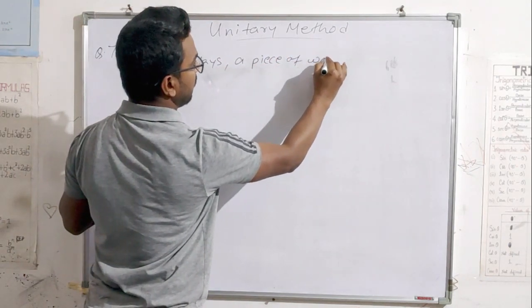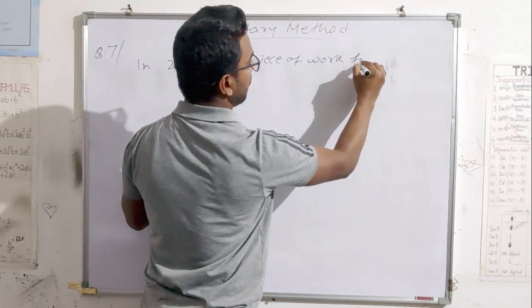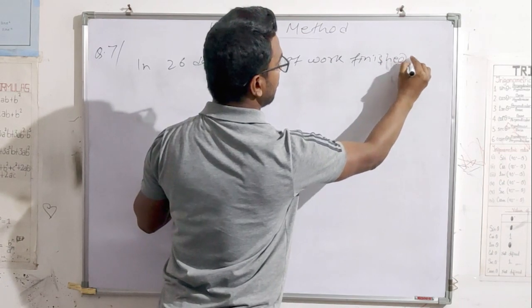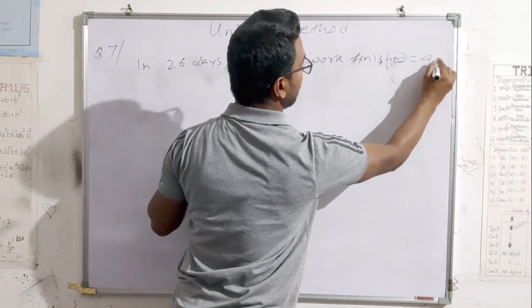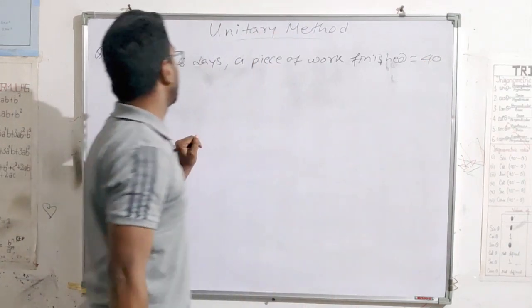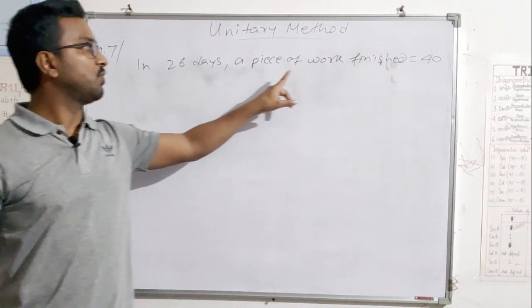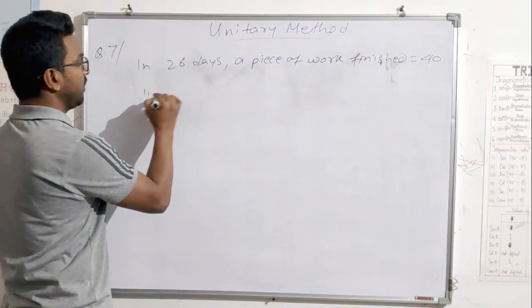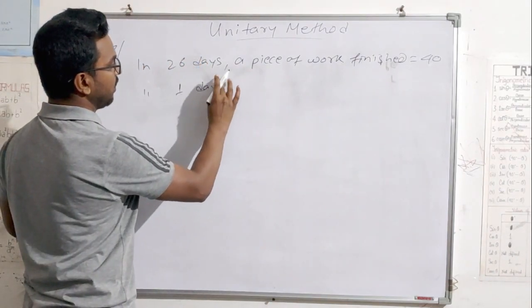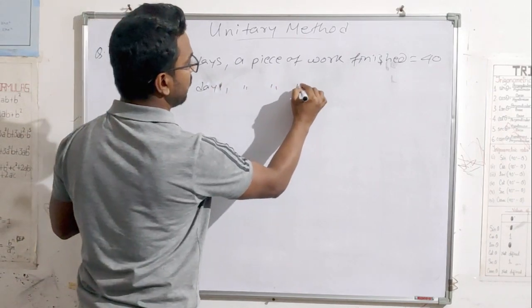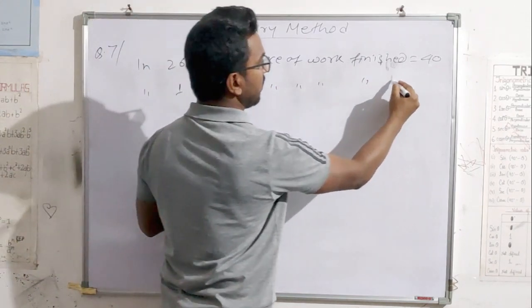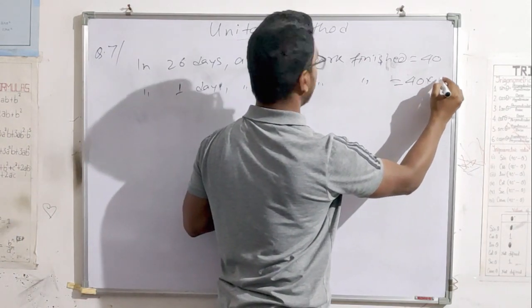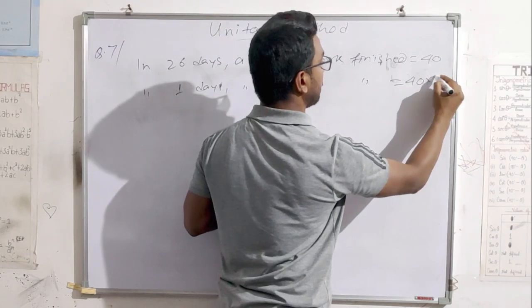piece of work finished equals to how many men, 40 men. In 26 days a piece of work is finished by 40 men. So we have to find in 1 day, piece of work finished is equals by how many people, 40 into 26.